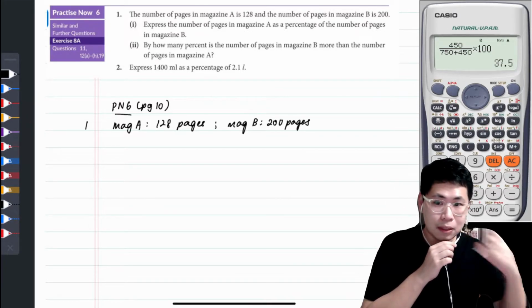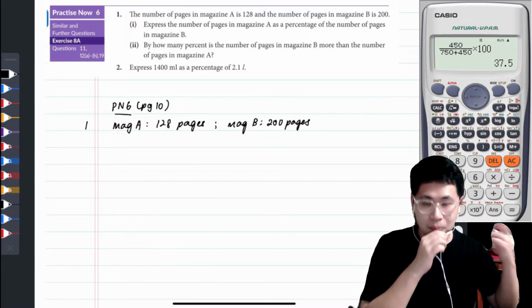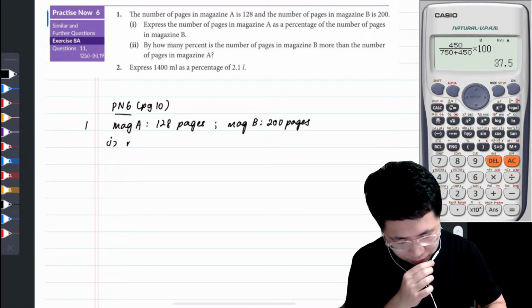So the question is, express the number of pages in magazine A as a percentage of the number of pages in magazine B. So what we want is the required percentage.